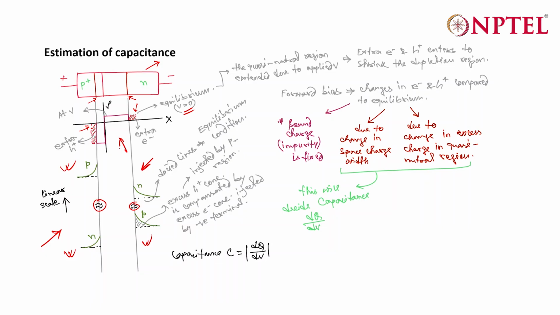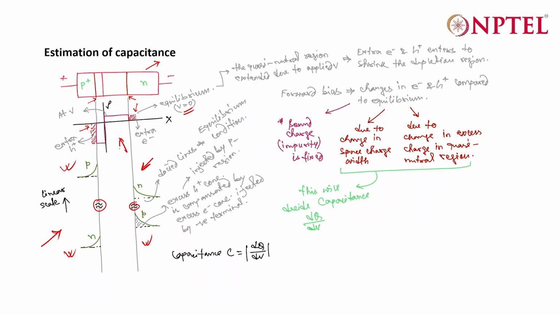Now under forward bias, you have seen there is a change in electrons and holes compared to the equilibrium. This change in the charges leads to a capacitance, because capacitance is nothing but dq by dV. dq means change in the charge.